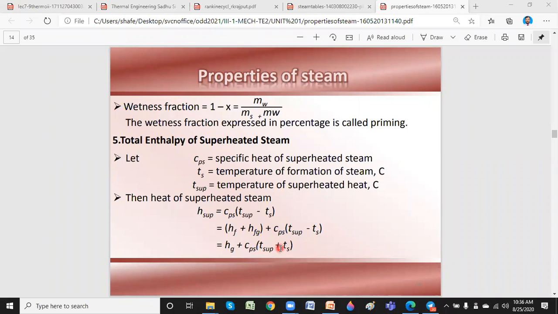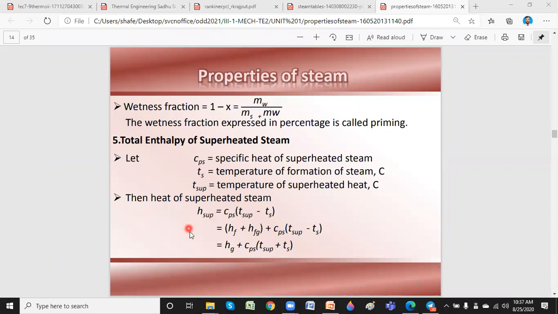Assume they have given the superheated temperature as 150 degrees centigrade and the saturation temperature is 100 degrees centigrade. The difference is 150 minus 100, that is 50 degrees centigrade. This is given in the problem, and the rest is available from the steam tables. When I add all these, I get the enthalpy of superheated steam.